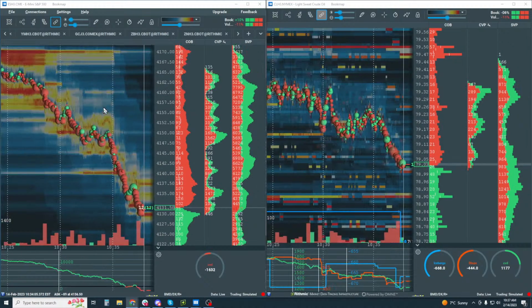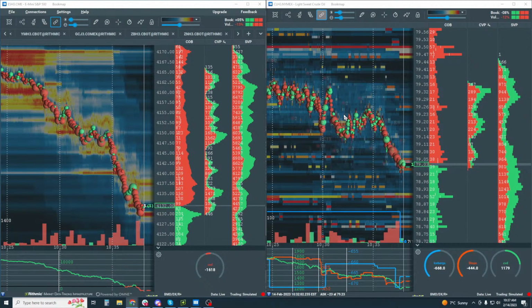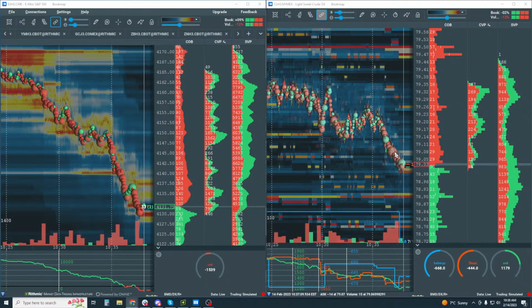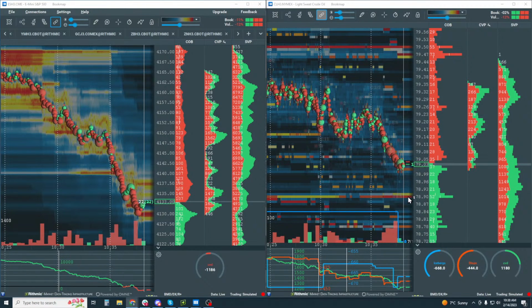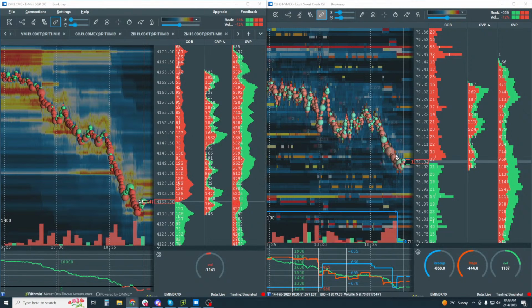Another thing to glean from this is a few different things. You could look for quick moves here in crude oil. It might all of a sudden just dump down very, very quickly into 78.90. Well, then you would have been prepared for it, right?